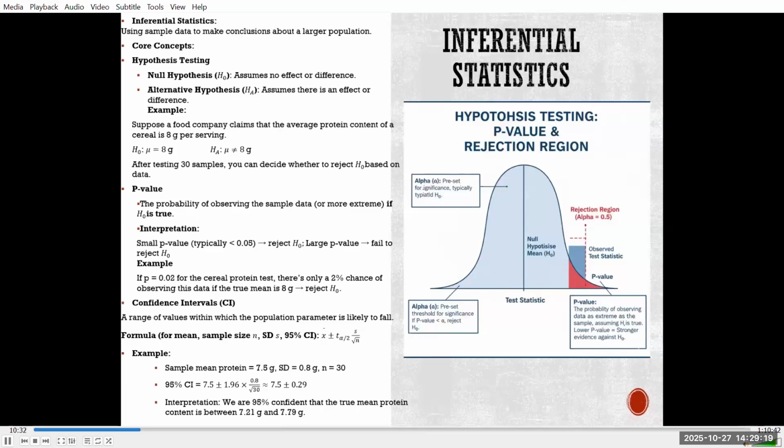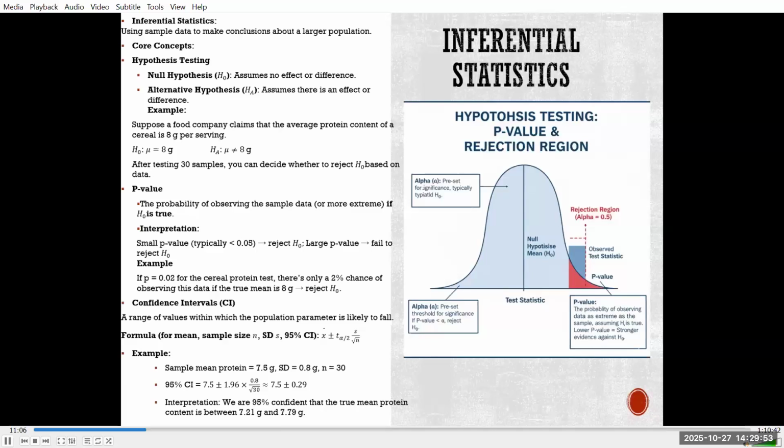For example, imagine you collected protein yield data from 10 different leaf samples. Instead of testing every leaf in the world, we can use the sample data to estimate the average protein yield for the entire population. This is what inferential statistics does. It uses probability to tell us how confident we can be in our results.